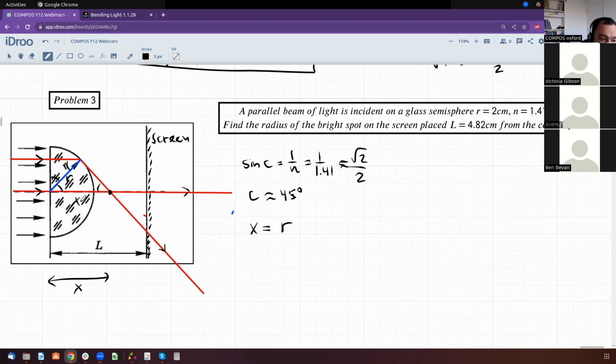So this side X is going to be R over cos 45, which is going to be 2 over square root of 2 over 2, which is 4 divided by square root of 2, which is approximately 2.82 centimeters.